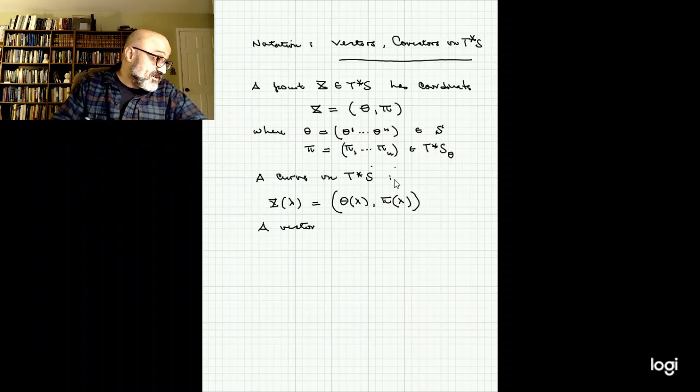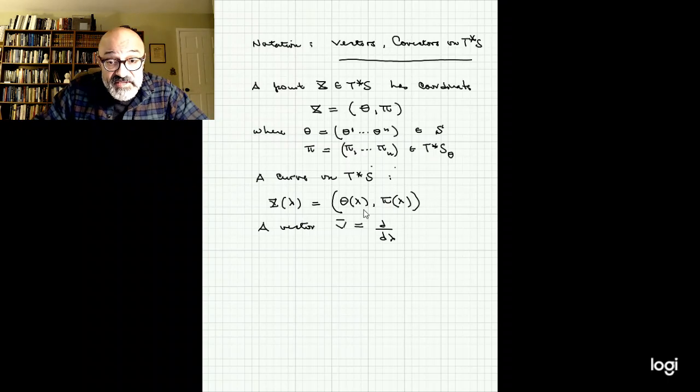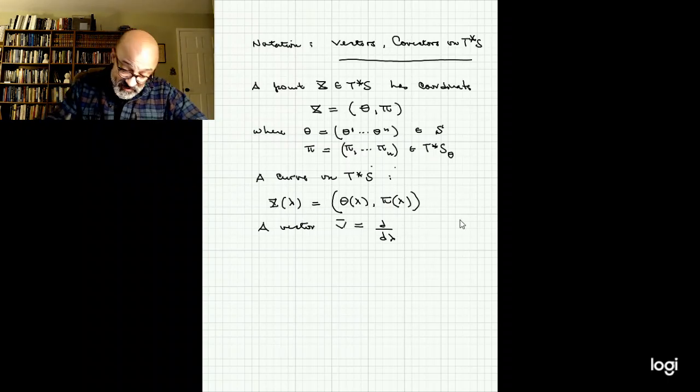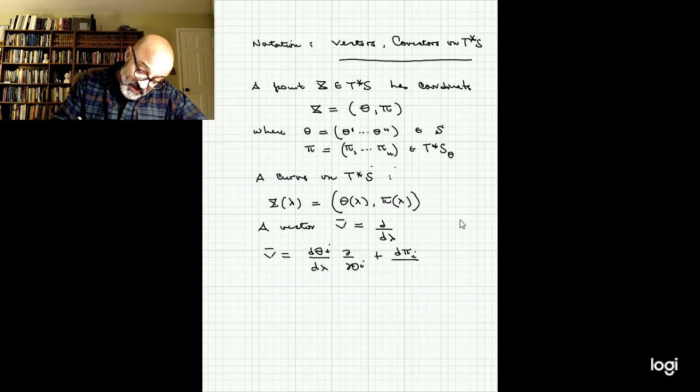If you take the vector that's tangent to this curve, we're going to write v as d theta/d lambda times d theta, plus d pi/d lambda times d pi.